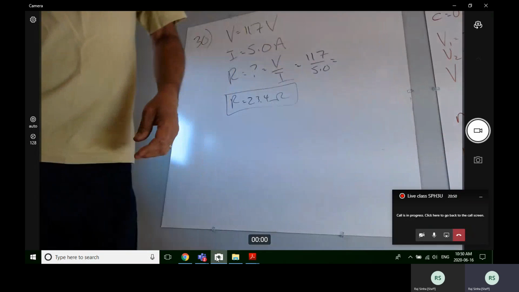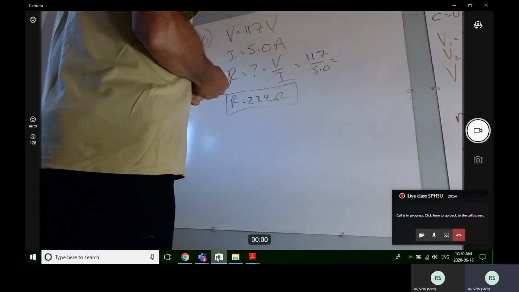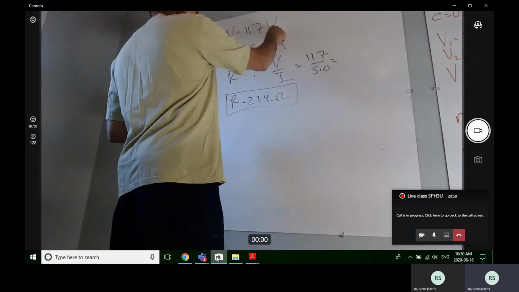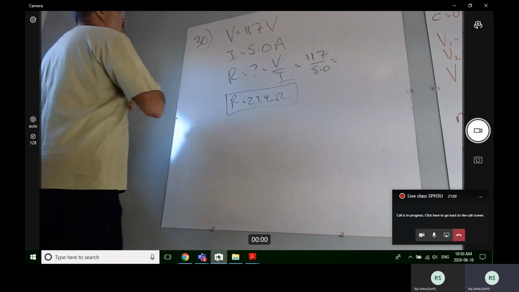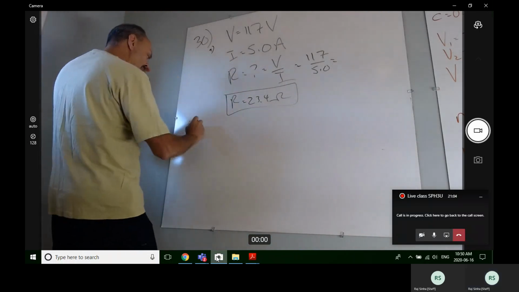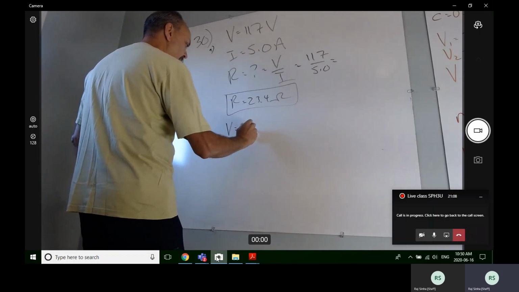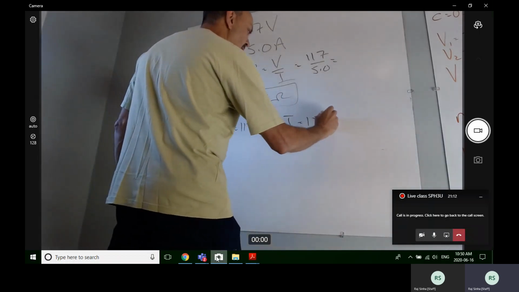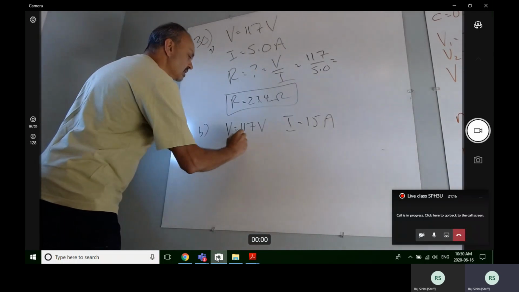Okay, so if I'm going to increase the current to 15 amps, notice that my voltage doesn't change. I'm using the same plug, but I just want the electrons to go faster through my circuit. Okay, so I'm going to have the same voltage, but now I want to increase my current to 15 amps, which means I need a new resistance.